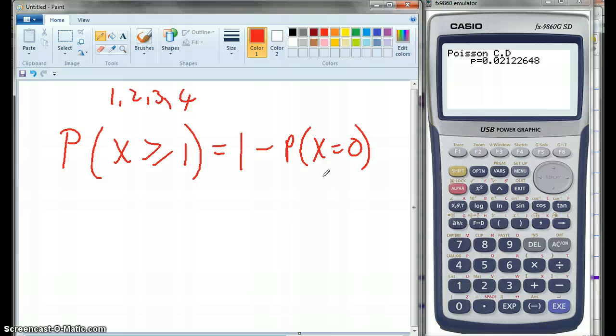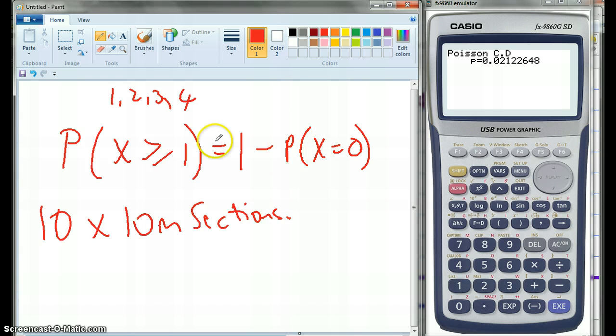What is the probability that at least one piece of litter can be found at the side of the road, at the side of each of 10 separate 10 metre sections of road? 10 by 10 metre sections. So let's find it for one 10 metre section first.